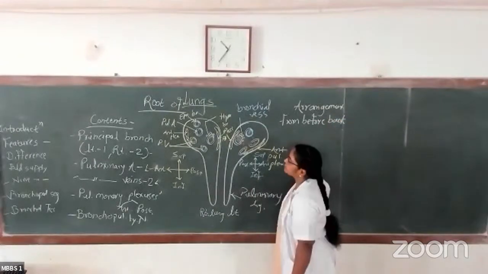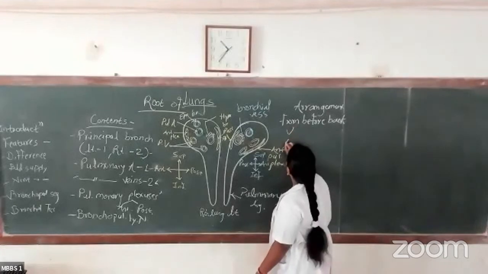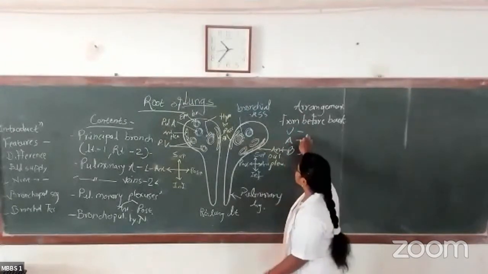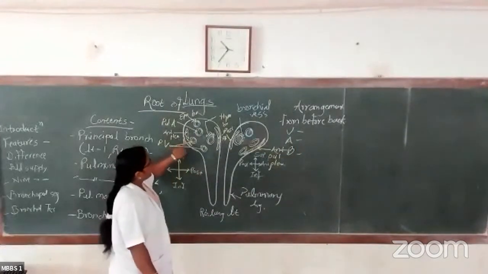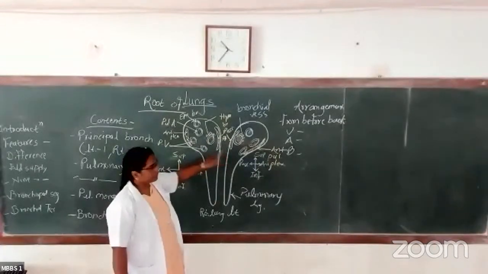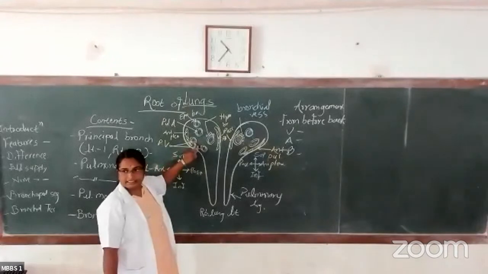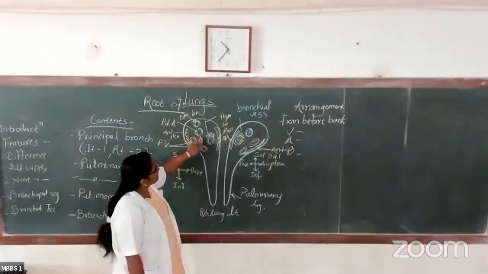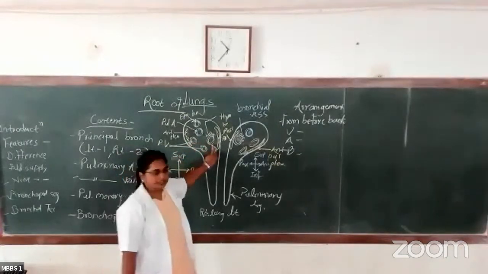From before backwards, that is upper pulmonary vein, then pulmonary artery, and then the principal bronchus.